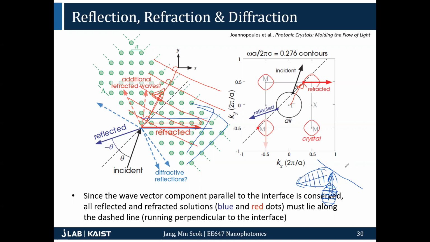But the transmitted light is going to look like this. So the wave packet is going along the group velocity, but its electromagnetic wave front is perpendicular to the K vector, so it should look like this. So that is one interesting aspect, which looks pretty counterintuitive.